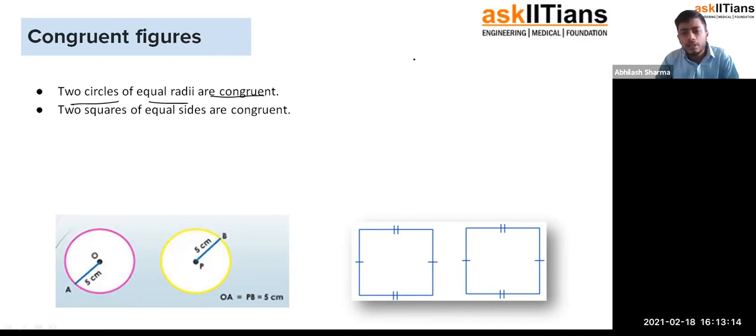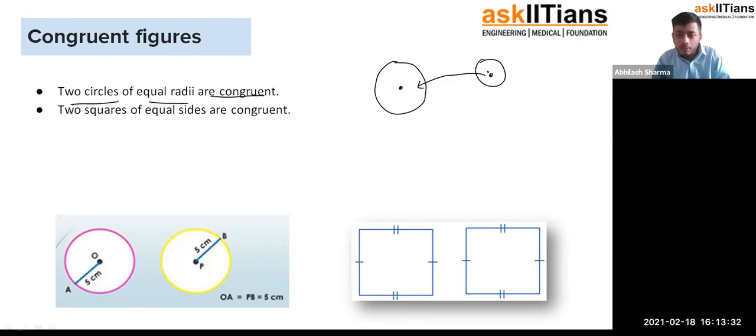The reason is that if there is, let us say, a circle here, and there is another circle here with some center and some radius. What does it mean for them to be congruent? That if I superimpose them, so let's say I bring its center exactly on the same center as this circle. If I make their centers coincide, then obviously if they have exactly the same radius, they will clearly coincide, or superimpose each other.